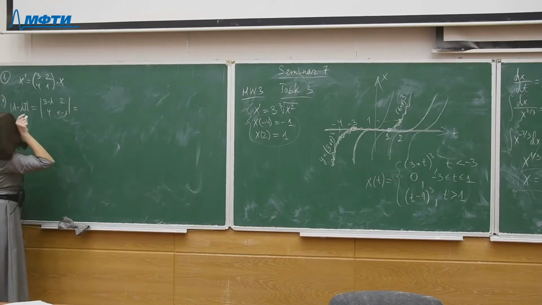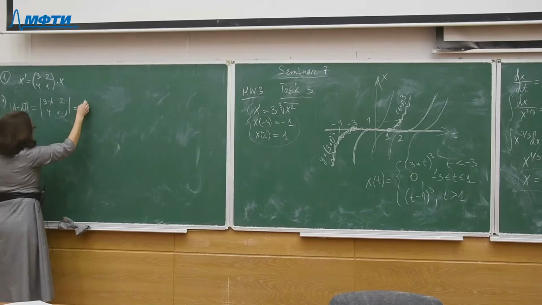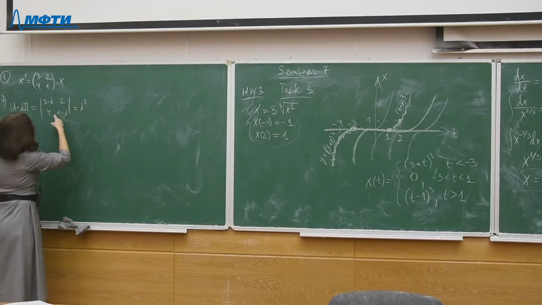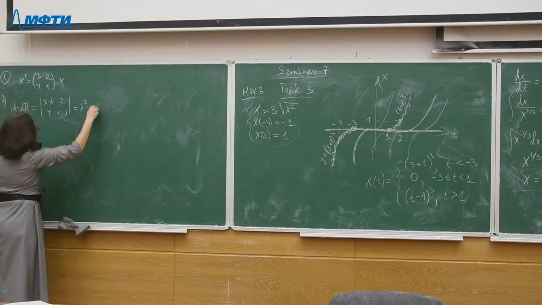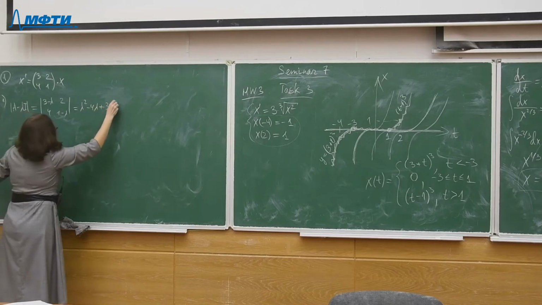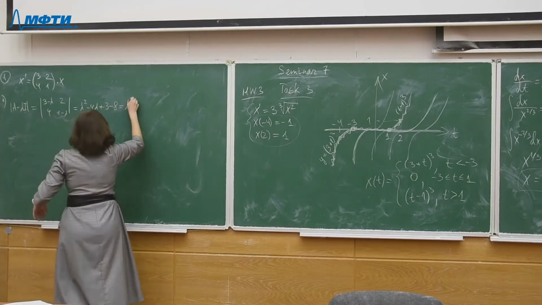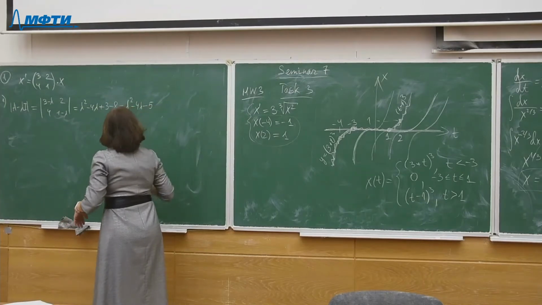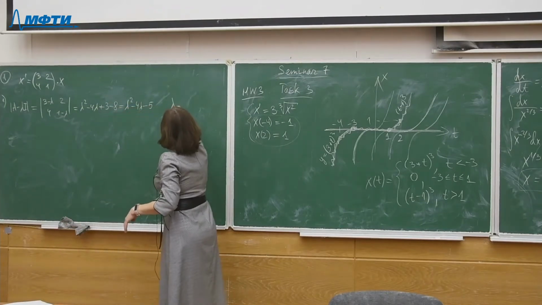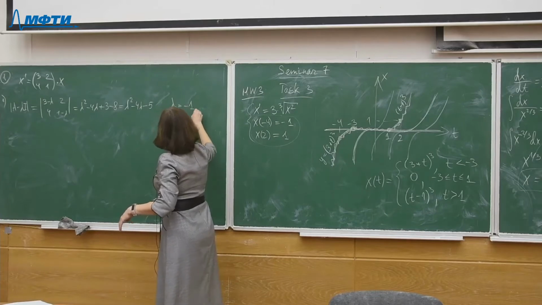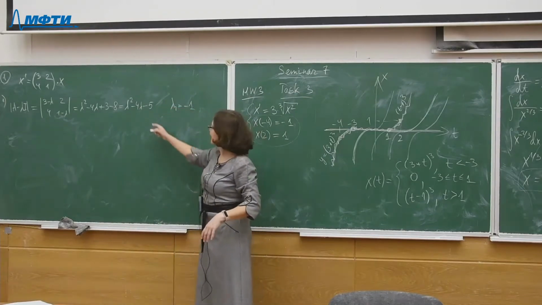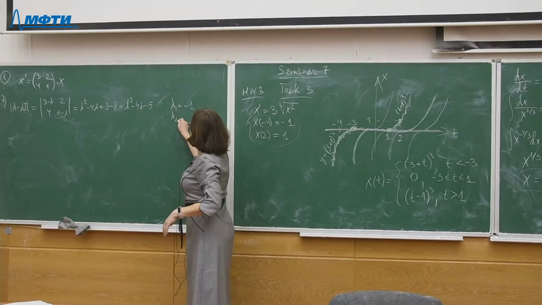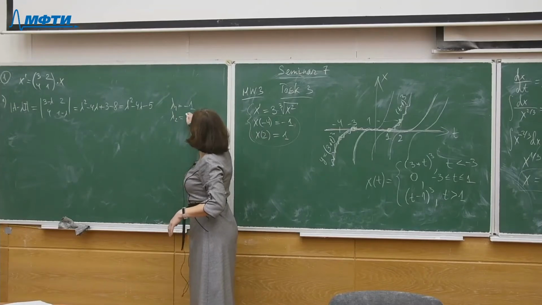We need to find the roots of lambda squared minus 4 lambda plus 3 minus 8, which is lambda squared minus 4 lambda minus 5. Lambda 1 is -1, and lambda 2, by Vieta's theorem, is 5.